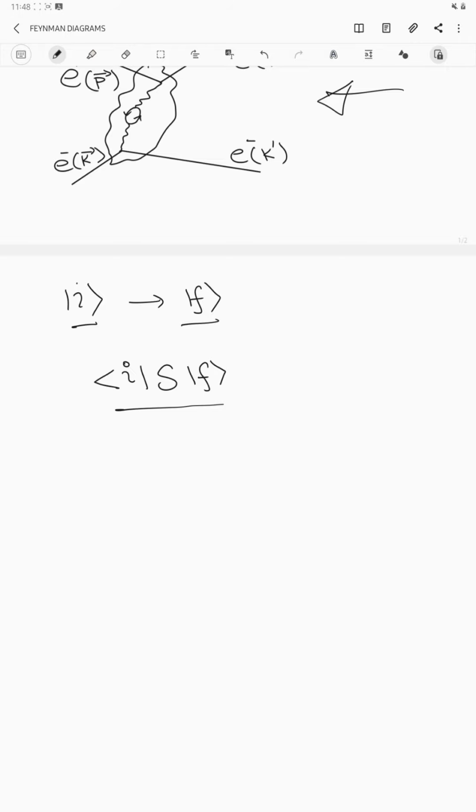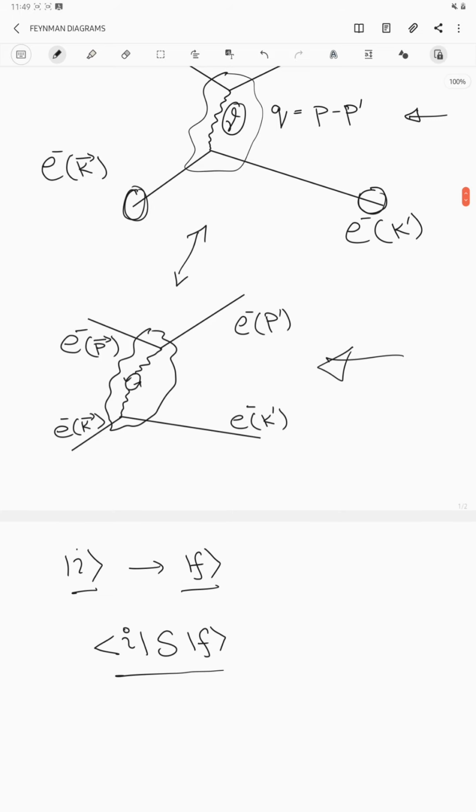So in perturbation theory, we actually neglect higher order terms, right? If you have studied perturbation theory in quantum mechanics or whatever, you know that you neglect the higher order terms, and that is because they are not a very useful contribution to what we are trying to calculate. And so we can do this exact same thing with Feynman diagrams. We can neglect the higher order Feynman diagrams for a particular process.